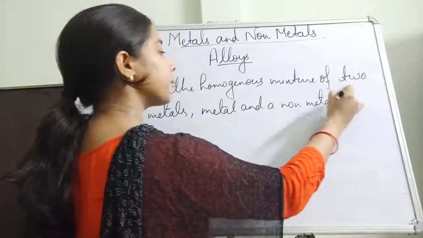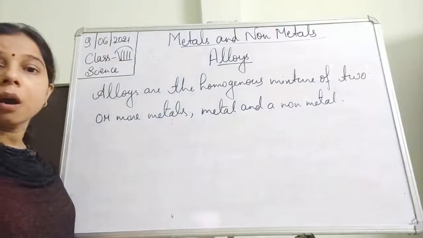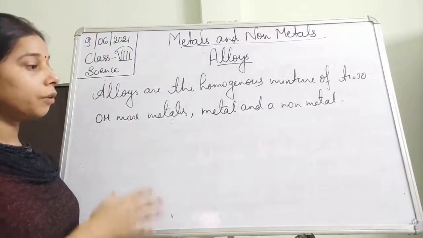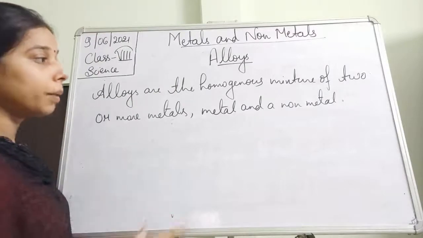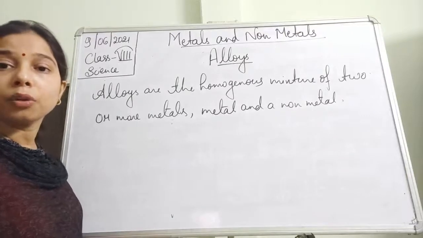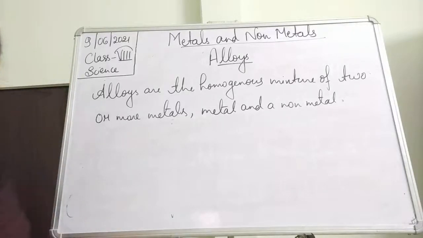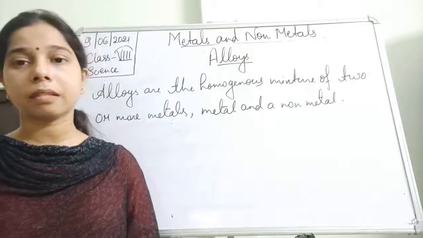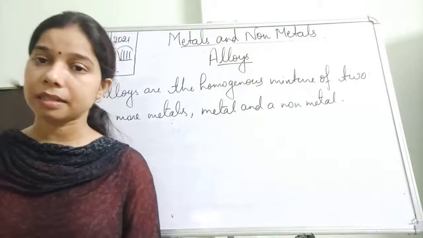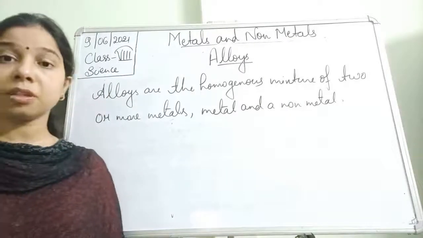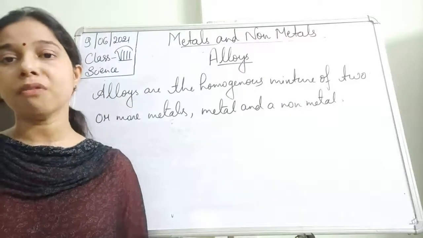So it can be a mixture of two metals together, or a mixture of a metal and a non-metal. Ultimately, the reason for combining them is to reduce corrosion. There are a lot of examples of alloys, students, like brass, steel, stainless steel, bronze, and magnesium. These are examples of alloys.